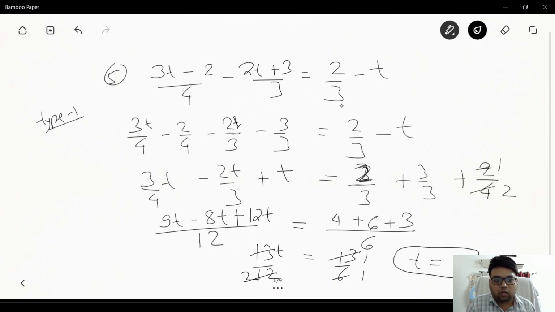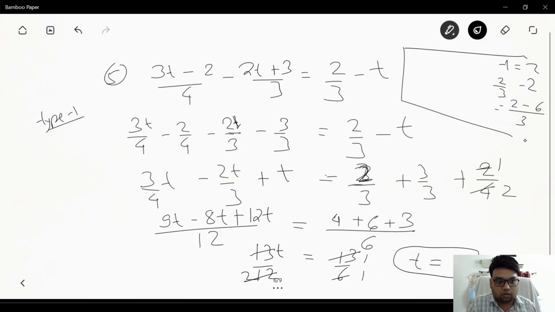Now we have to check by putting the value t equal to 2 whether the left hand side becomes equal to the right hand side or not. When we put t equal to 2, the right hand side is 2 by 3 minus 2, which becomes (2 minus 6) by 3, minus 4 by 3.